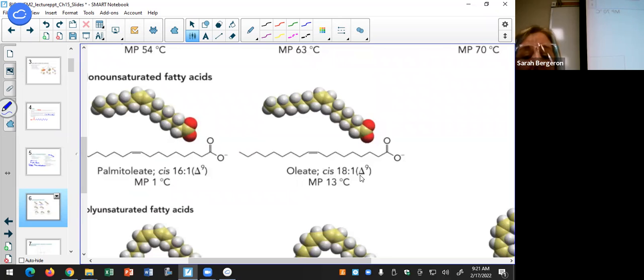You do that in parentheses with a triangle, and you number the carbon that is the first carbon participating in the double bond. So I have to start counting here. 1, 2, 3, 4, 5, 6, 7, 8, 9, and 10 are the carbons that participate in the double bond. So the first one participating in the double bond is number 9.